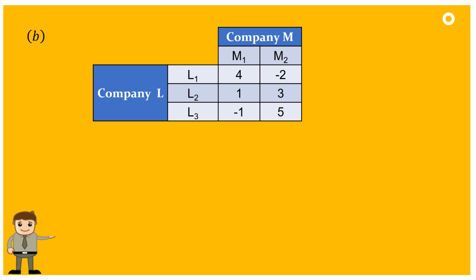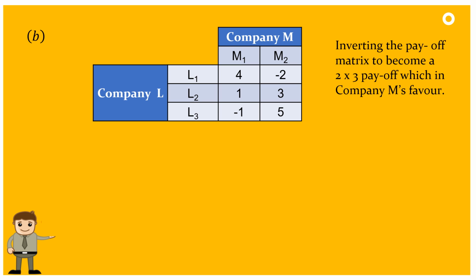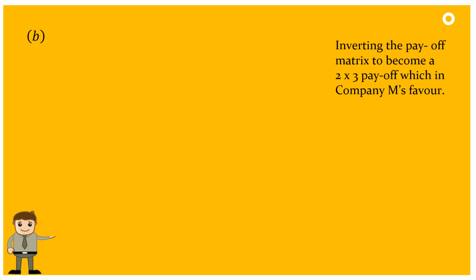For part B, it is not possible to draw a two-dimensional graph for company L, since it has 3 choices. So we invert the payoff matrix so that it becomes a 2 by 3 payoff matrix, which is in company M's favor.